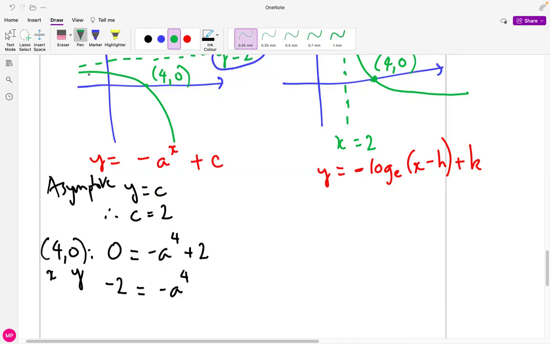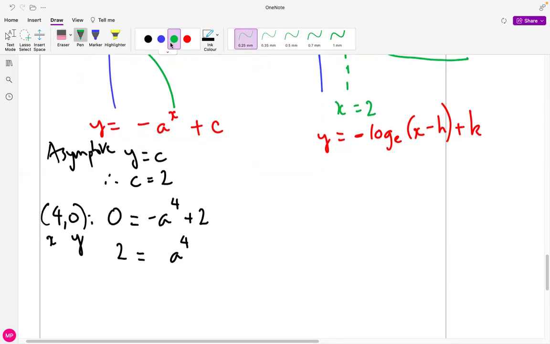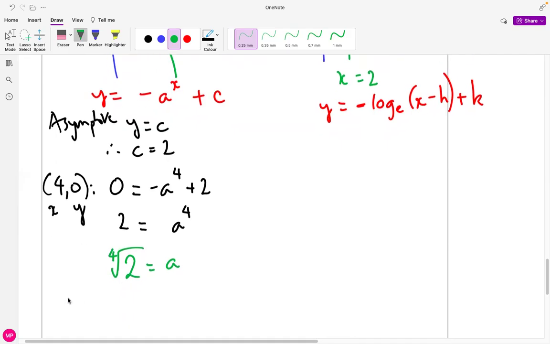Negative and negative, you can cancel them both sides. And then to cancel the power 4, you take the 4th root of the other side. So a equals the 4th root of 2. Now, because at high school level you don't deal with negative base yet, you only pick the positive value. So therefore, the equation will be y equal negative, put a back in, 4th root of 2 to the power of x plus c equal to 2.